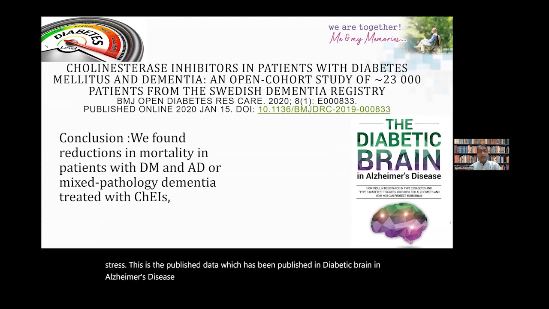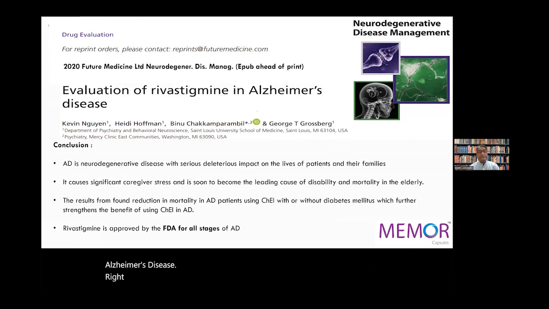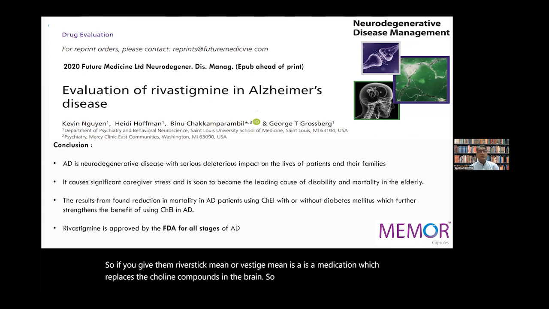So if you give them rivastigmine, which is a medication that replaces the choline compounds in the brain. Alzheimer's disease is a neurodegenerative disease which seriously impacts the lives of patients and their families, because the caregiver is very important, and it causes significant caregiver stress, disability and mortality.